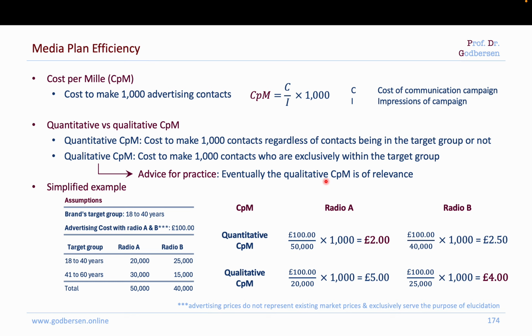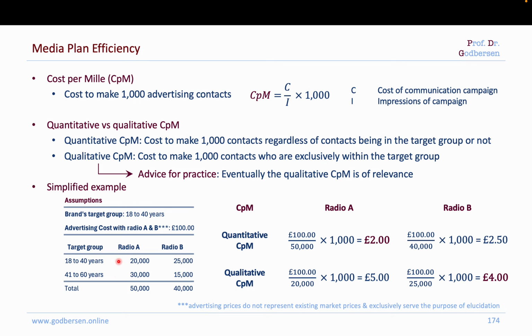Give you an example. Let's assume our target group is in the age bracket of 18 to 40 years. We are considering booking a spot in radio station A and B, and assuming both stations charge the same, £100 per spot. What is the audience of the radio stations?